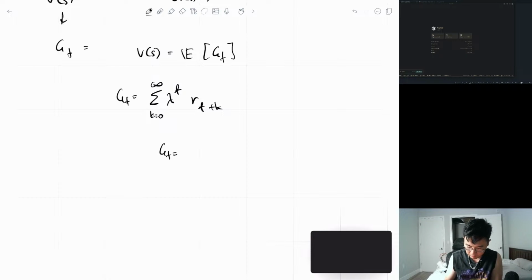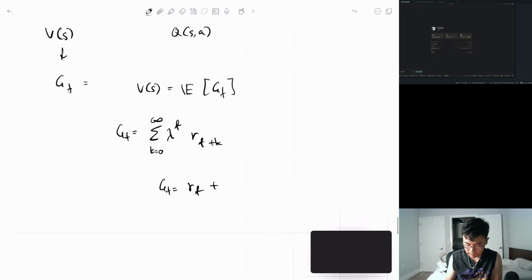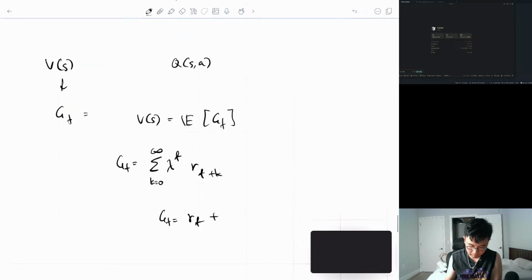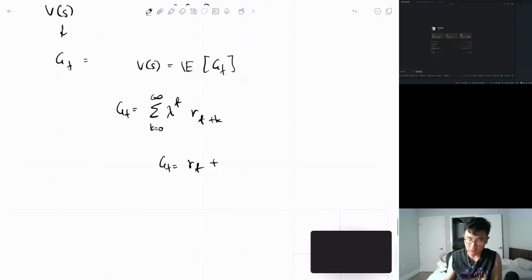G of t is equal to r of t plus... t versus t plus 1. There's often this confusion in notation.